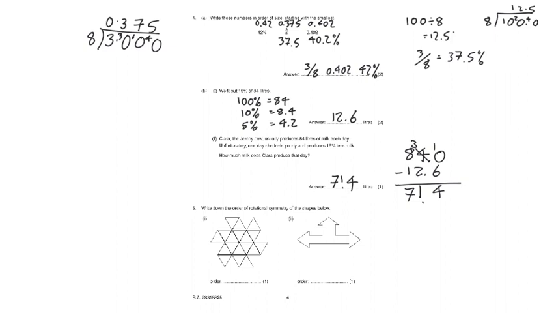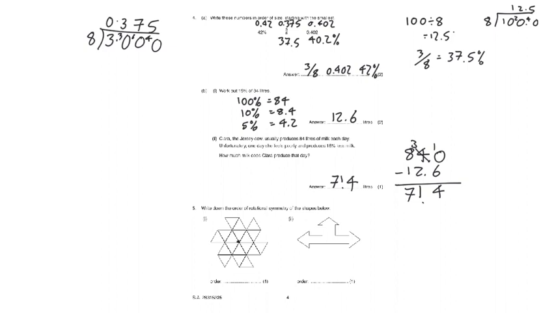The next one: write down the order of rotational symmetry of the shapes below. This means how many times can you move it onto itself and it looks exactly the same. If we start with this shape, the centre is here.